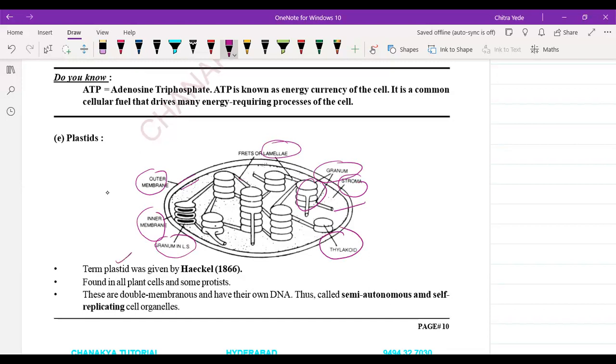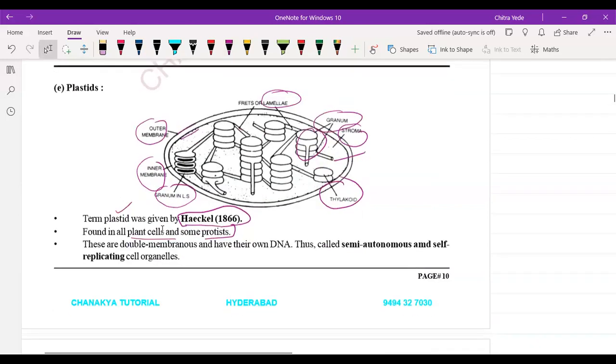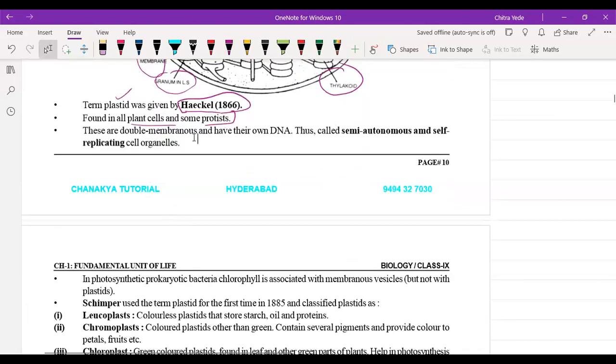The term plastid was given by Haeckel in 1866. It is found in all plant cells and some protista also. Protists are unicellular organisms, eukaryotic in nature, and they contain plastids like chloroplast. It is a double-membranous structure and has its own DNA, deoxyribonucleic acid.